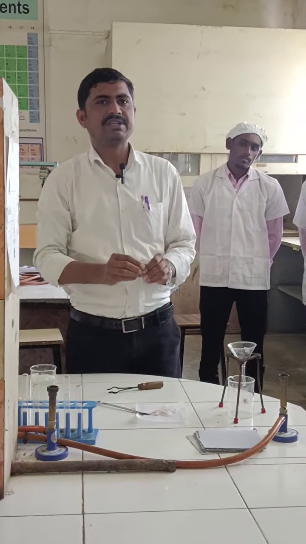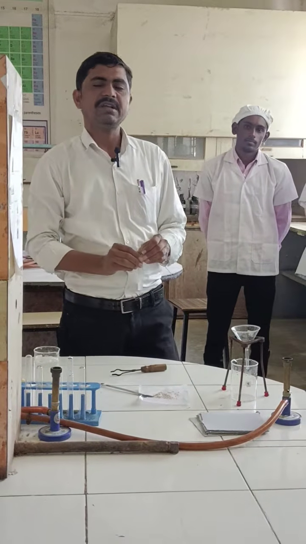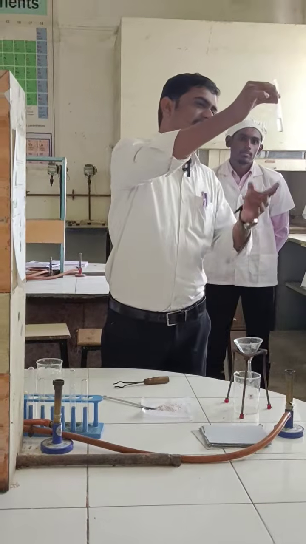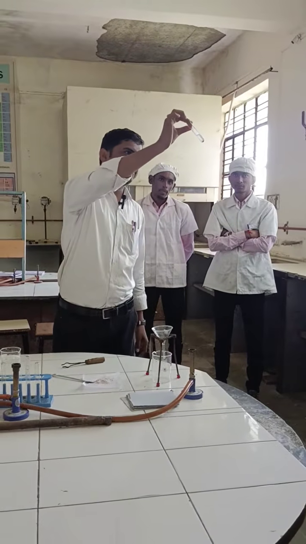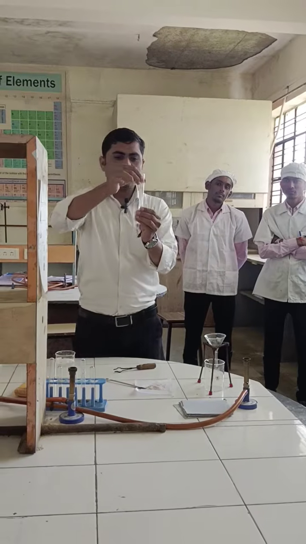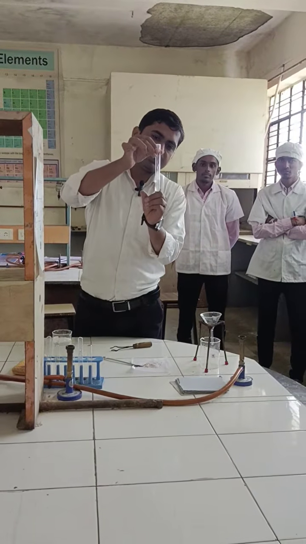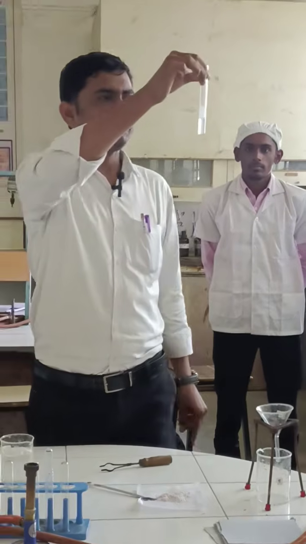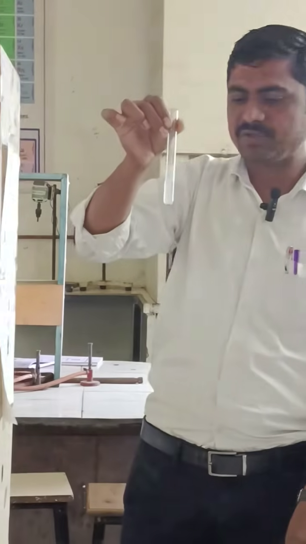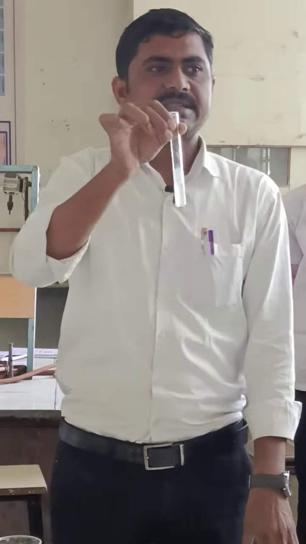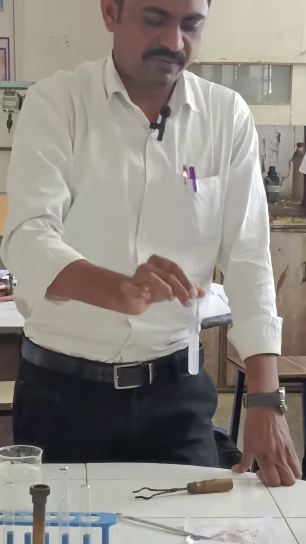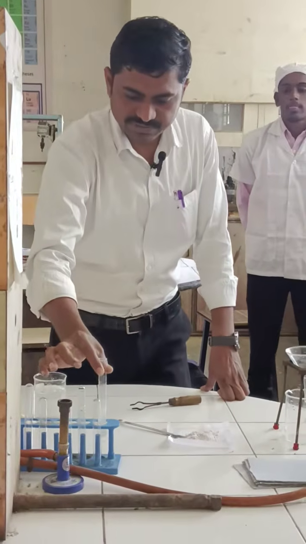Means the given binary mixture consists of two compounds, but no compound is soluble in water. At the bottom there is a pale color compound, and on the water the other compound is floating, which is white. So this is the first test, the solubility test.